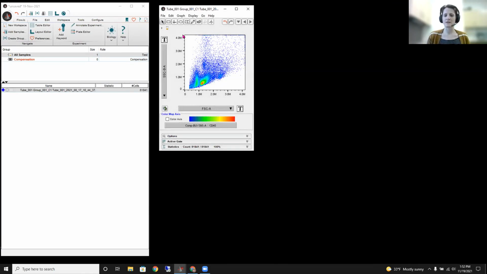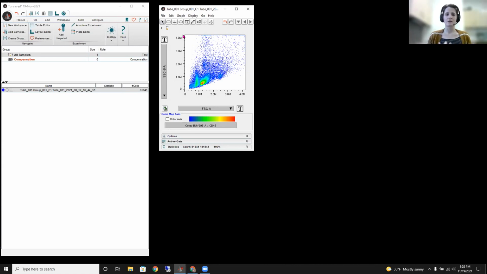What I'm going to do first is analyze the data as if we did not have a viability dye, and not really understanding where our live and dead cells might be. So Derek showed some data before about the scatter profile and how it can shift due to the changes in morphology of the cells.